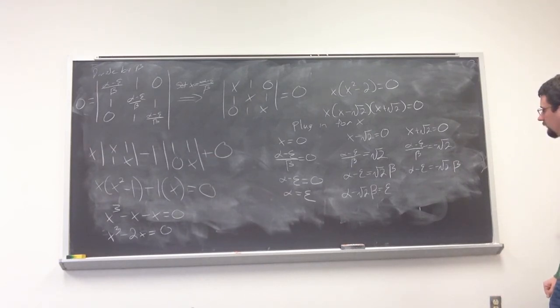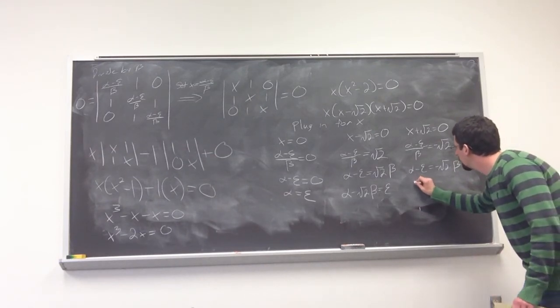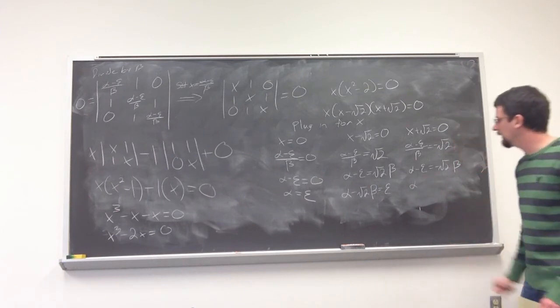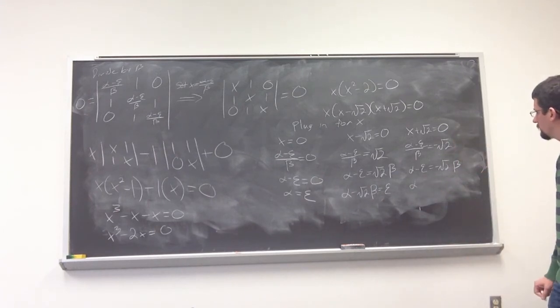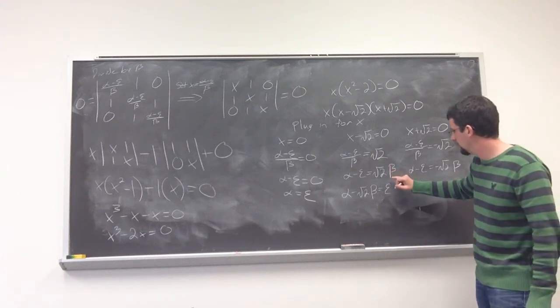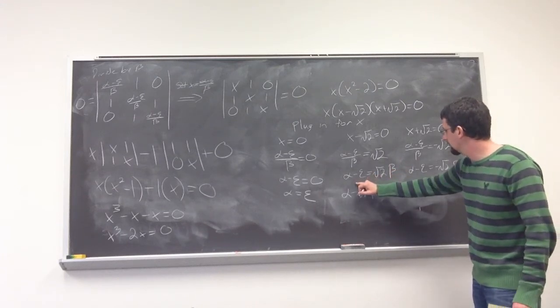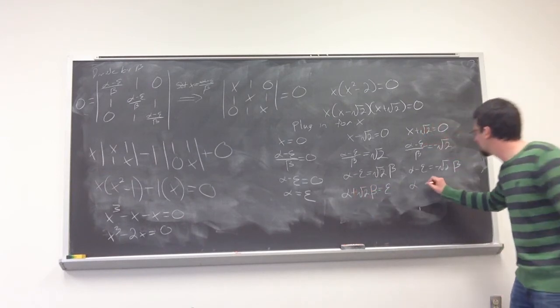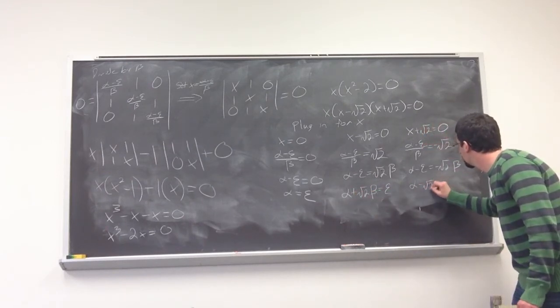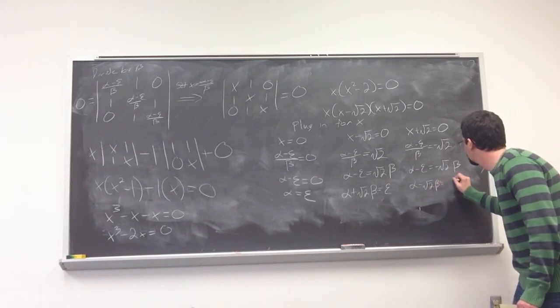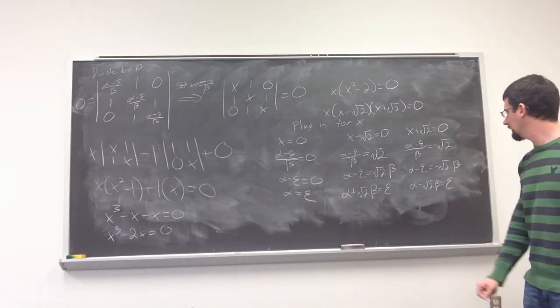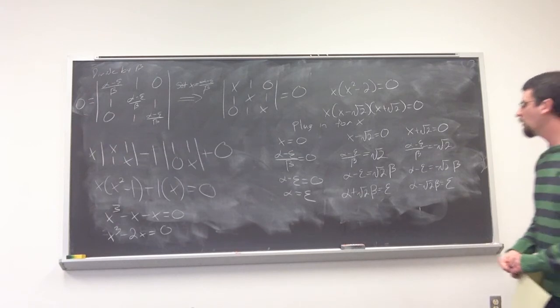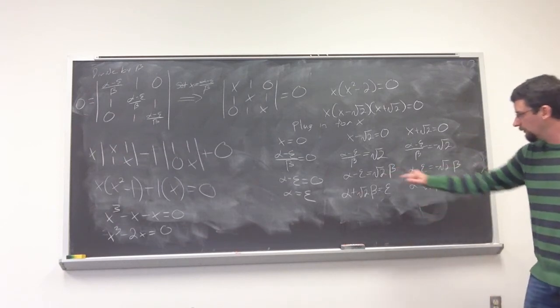Let's see, in this case, do this right. Should be a minus, but that moves over. This should be a plus, I'm sorry. In this case, alpha plus square root of 2 beta is epsilon. That's what we should get. Okay, so now we get 3 energies out.